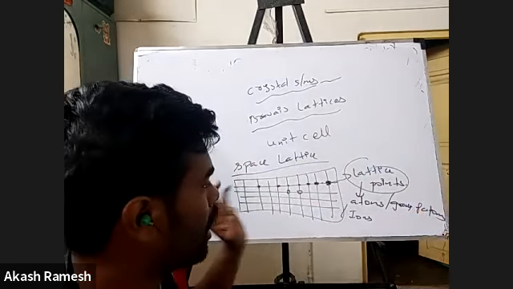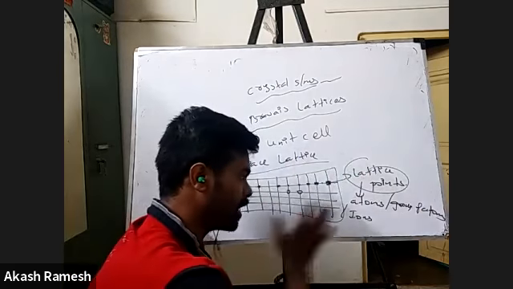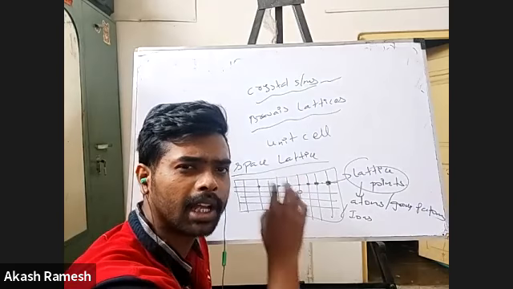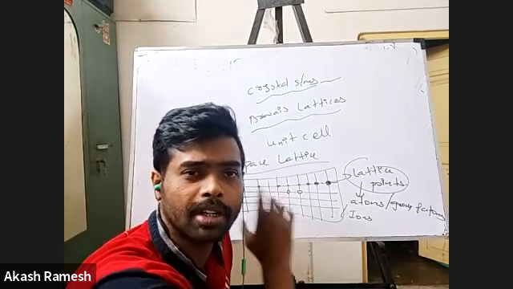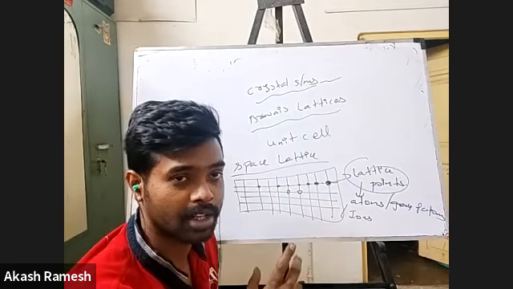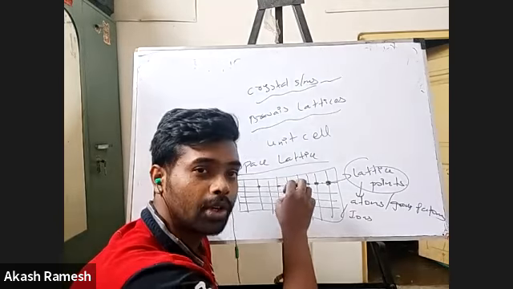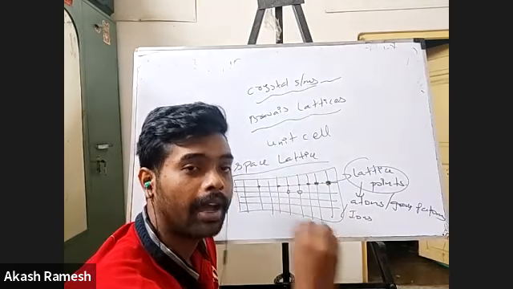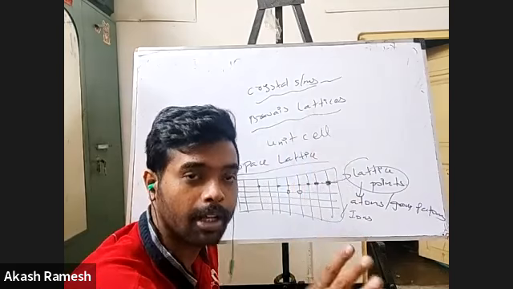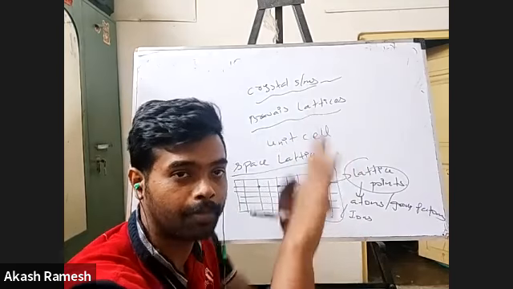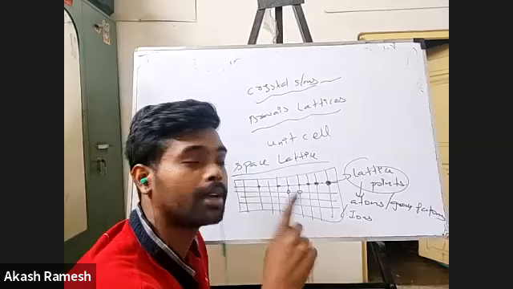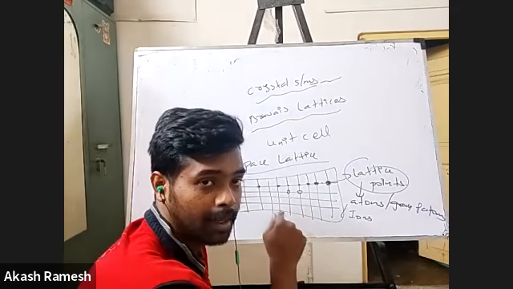Now what I'm going to do is, from the space lattice, take the smallest unit out. But again, there's a condition. If you replicate that smallest unit, making similar blocks and arranging them properly, you should be able to get back the space lattice.